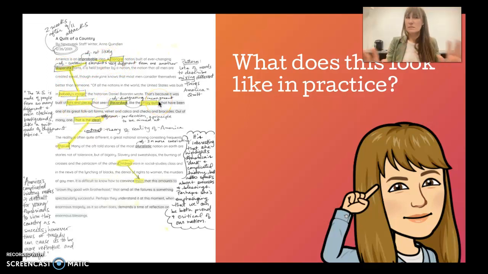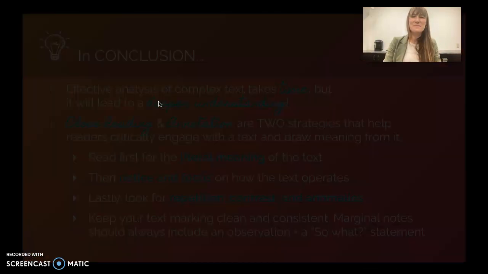Now again, totally a personal choice in terms of how you make those marks, but you do want to make sure that as you develop it, you try to build in some consistency. Each time we annotate a text, we don't want to be coming up with a whole new system. Eventually this will become second nature, and as it does, you will feel the benefits of this process, even if it feels a little cumbersome at first.